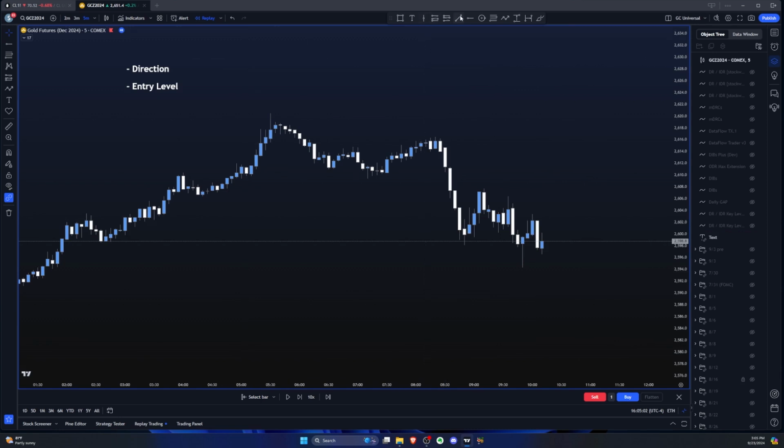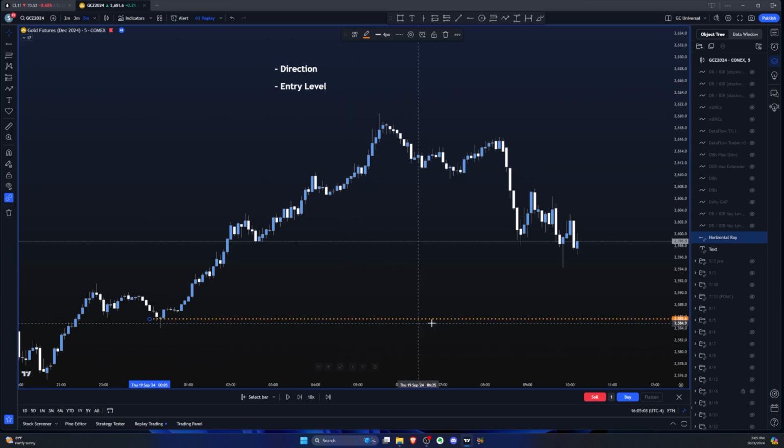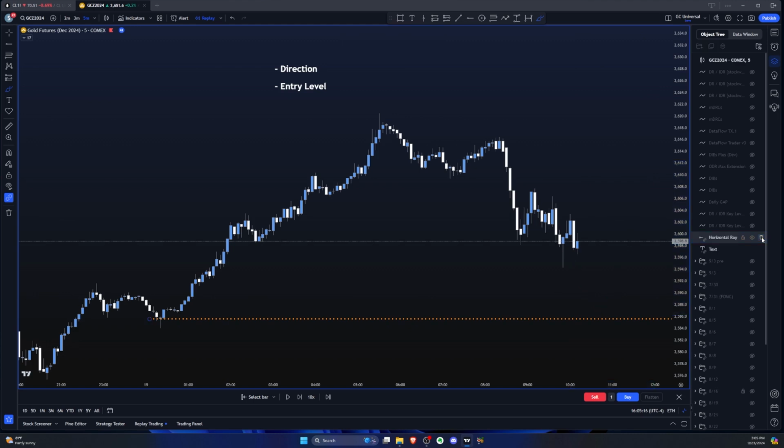Do you have bigger levels that you're looking at? Maybe all the way down here, and you're going to wait until you hit this all the way down here and then maybe you'll go up, right? Maybe you're looking for something that does this and then back up like that, right? So whatever system you have, whatever approach you're trading, you need direction and you need an entry level.